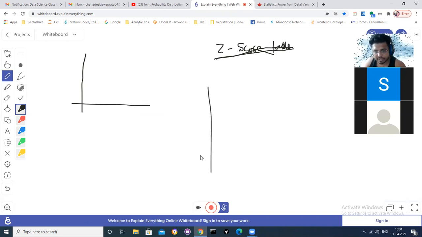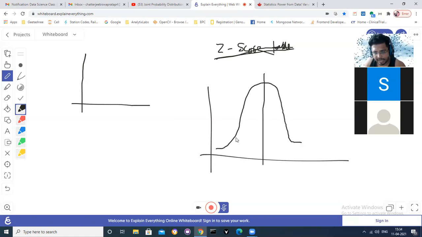Suppose this is a Gaussian curve, and this is the mean, and I want to know the probability of everything beyond this point. Say this point is minus 1.5, the mean is obviously 0, and this is 1.